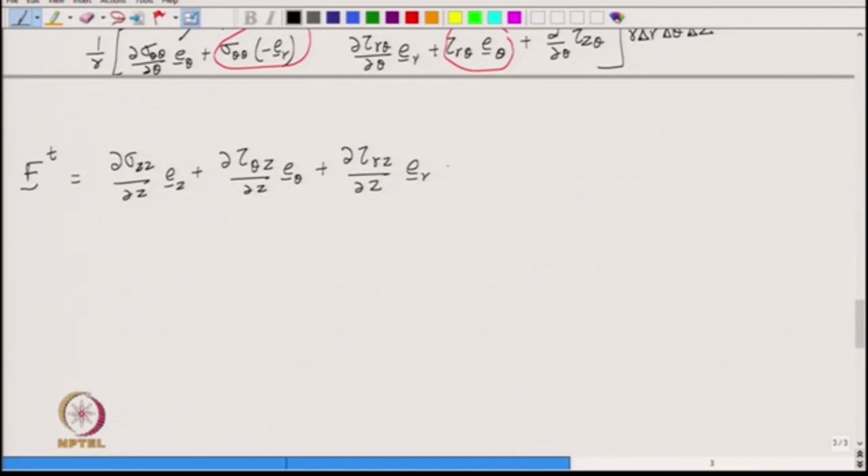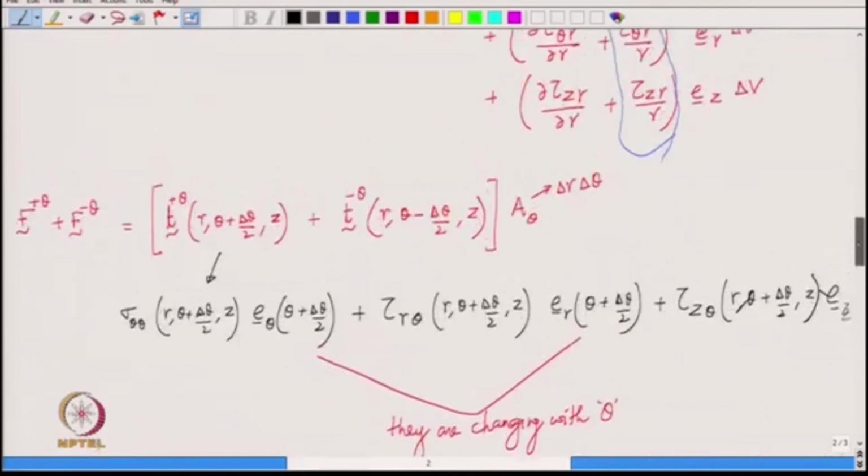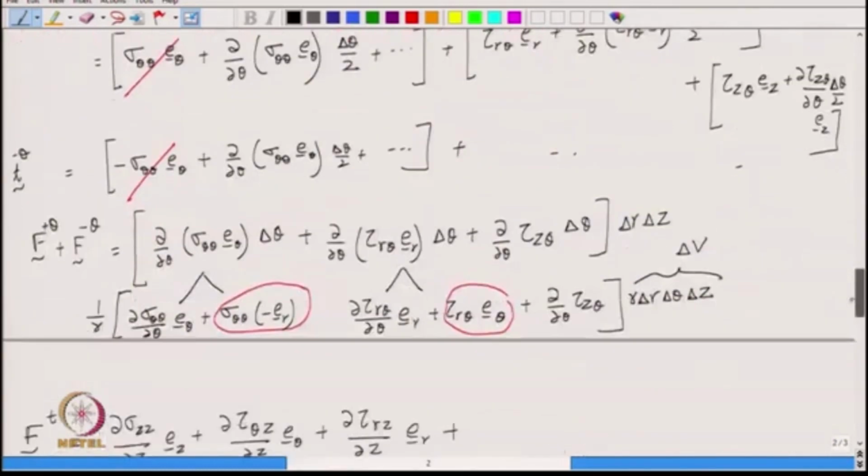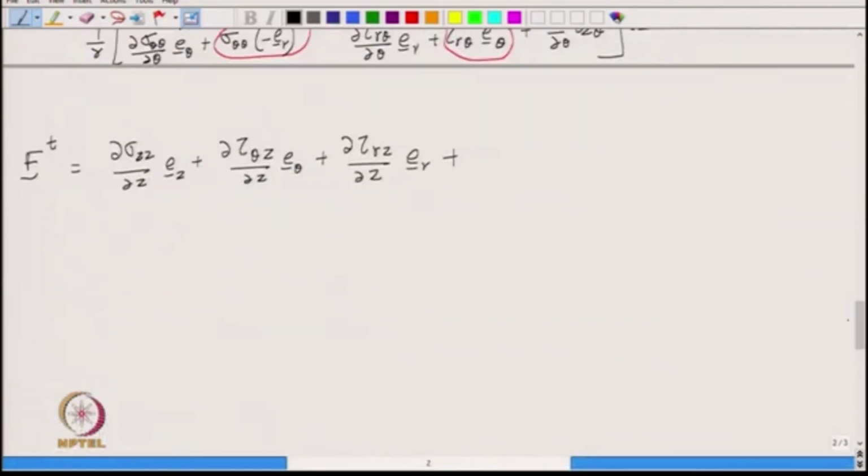So, we will write them separately. So, this is just the plus z and minus z, then for plus r and minus r, you have to recall it, that is right here with the extra terms. Okay. So, we will write it here.